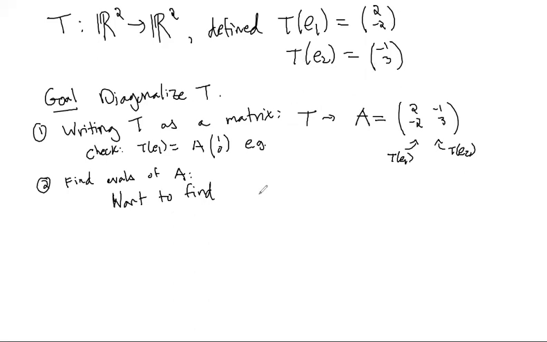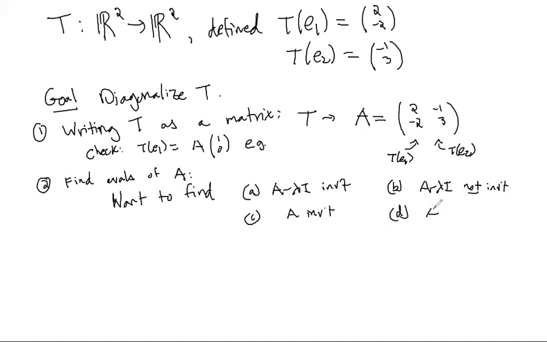We want to know whether A minus lambda I is invertible, A minus lambda I is not invertible, A is invertible, and A is not invertible. Right, and so we just want to know which one is the correct one we want to look for.